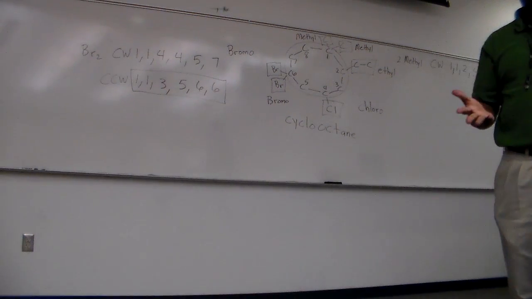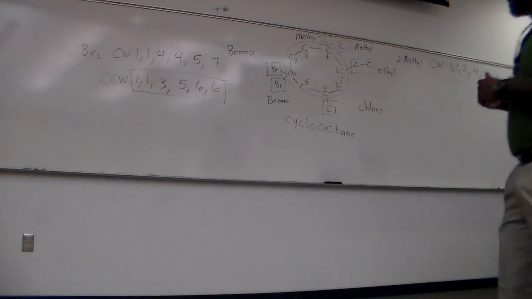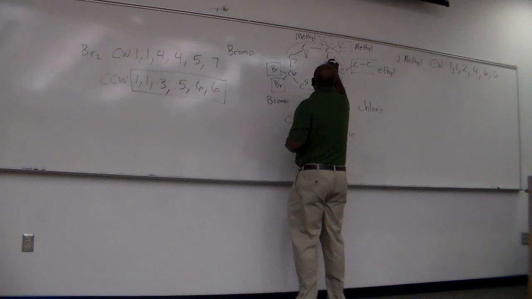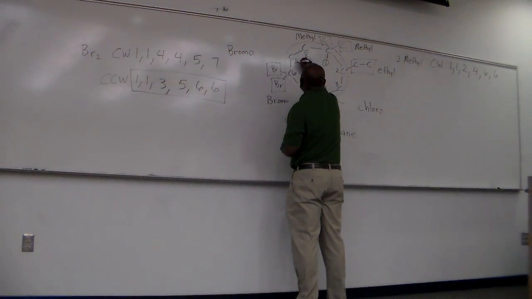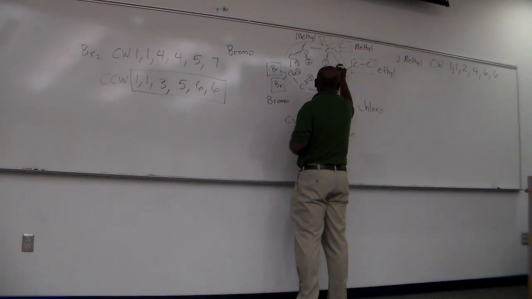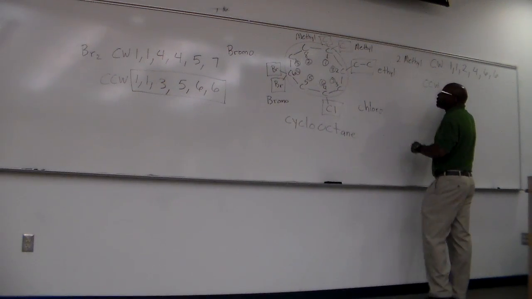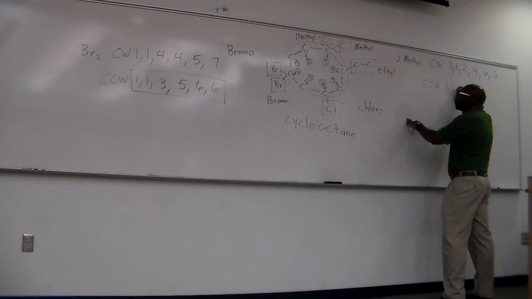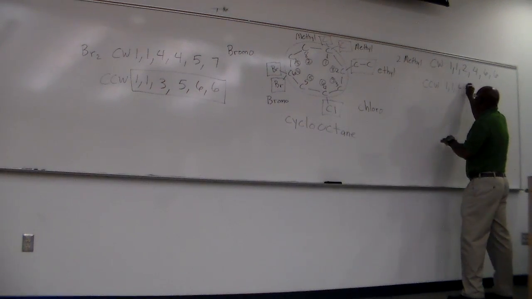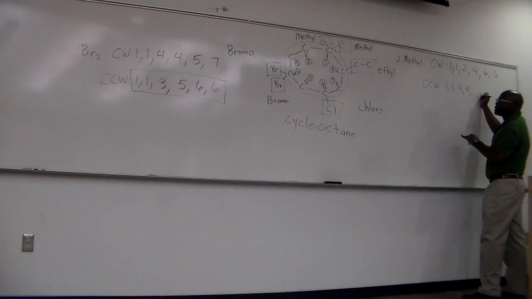If I do counterclockwise, using the 2 methyl groups as my starting point, it's 1, 2, 3, 4, 5, 6, 7, 8. It's a circle. Counterclockwise, my numbers will be 1, 1, 4, 4, 6, 8.